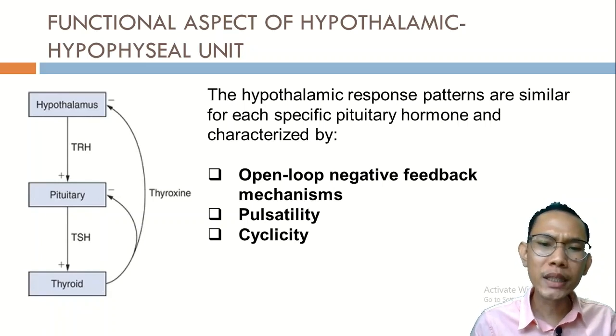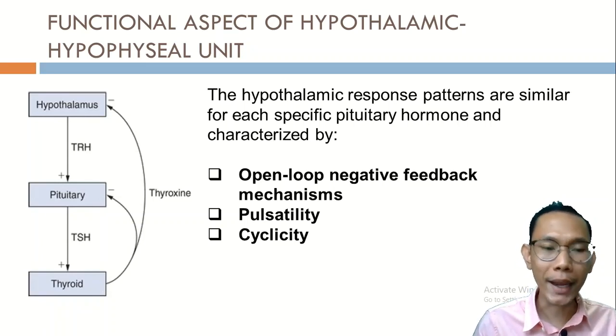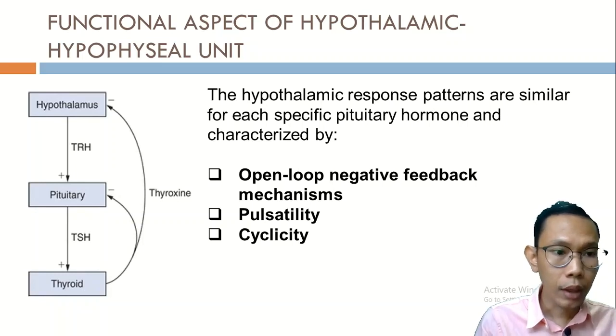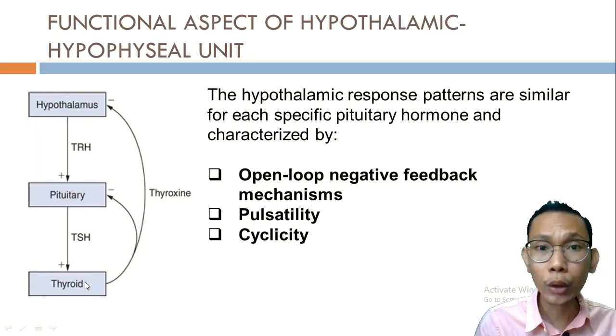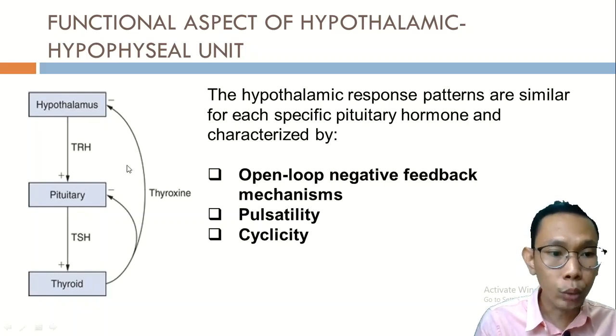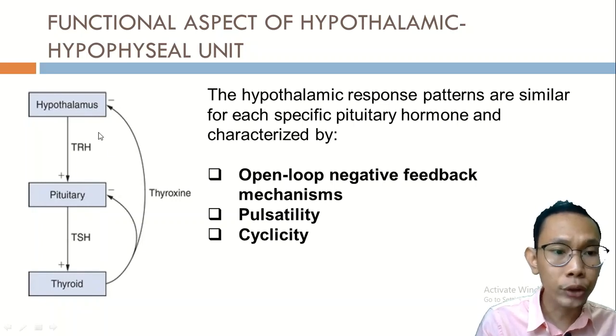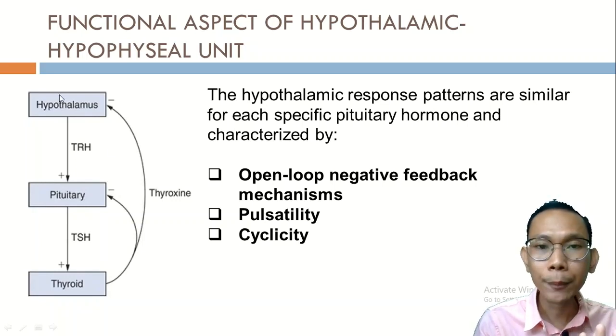Doc, ano po yung sinasabi mong negative feedback mechanism? Now, ganito yan. Now, when your body is able to produce enough amount of your T3 and T4, it will now signal your pituitary and your hypothalamus to stop, meaning I have already produced enough hormones and I do not need more hormones.